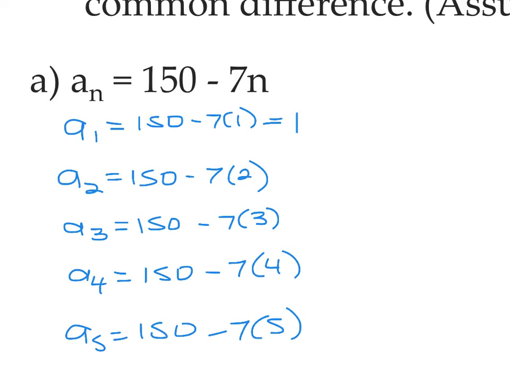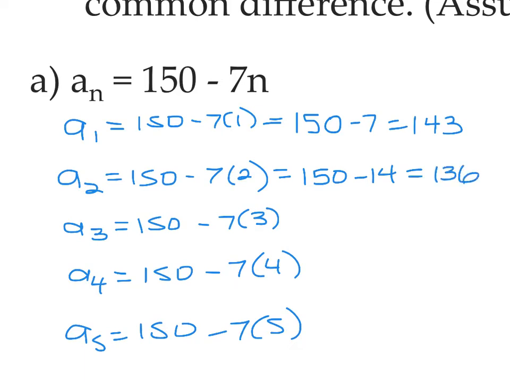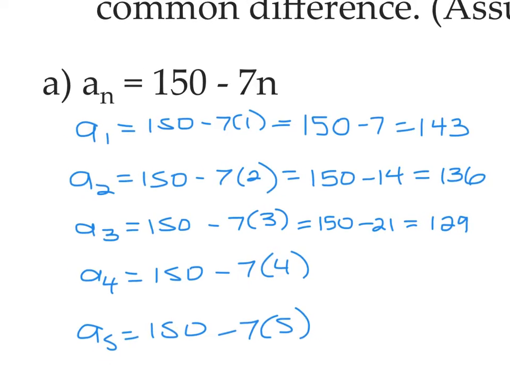So 150 minus 7, which is 143. 150 minus 14, which is 136. 150 minus 21, 129. 150 minus 28, 122.